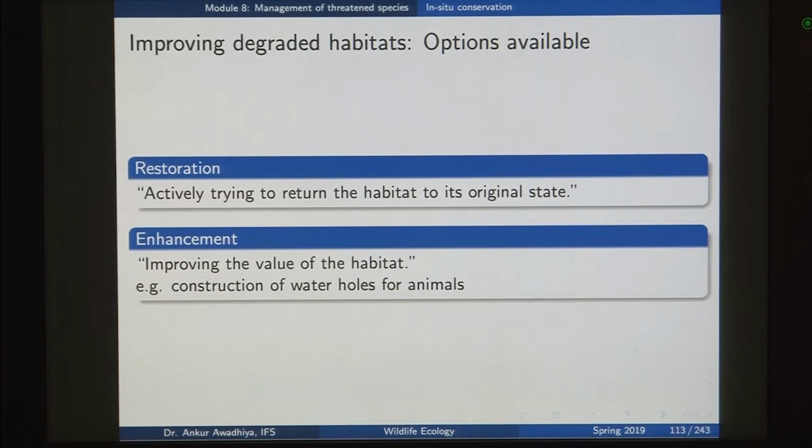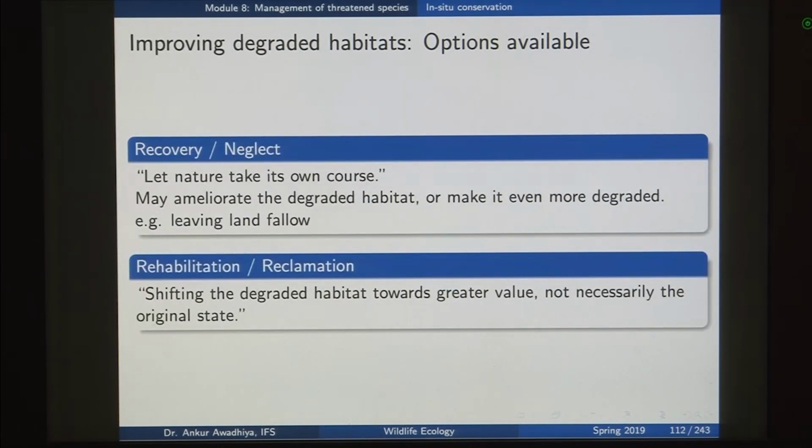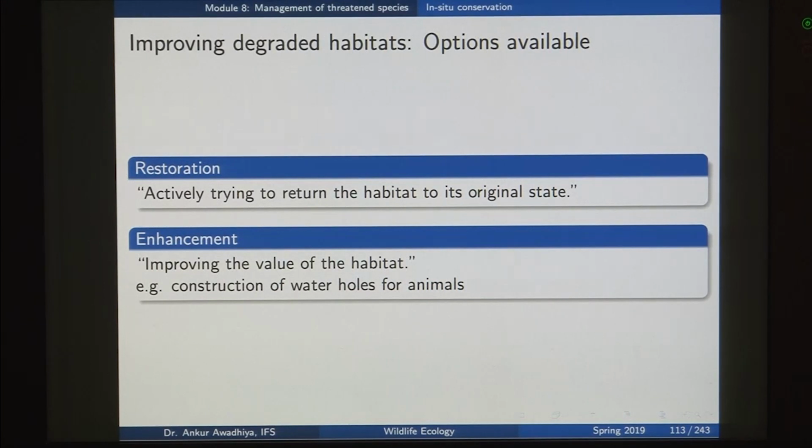So, in the case of rehabilitation or reclamation, you are trying to bring it towards the original, but you are not completely reaching the original state. In the case of restoration, you are completely able to reach the original state, and in the case of enhancement, you are trying to improve the value of this habitat, which may or may not be towards the original state.